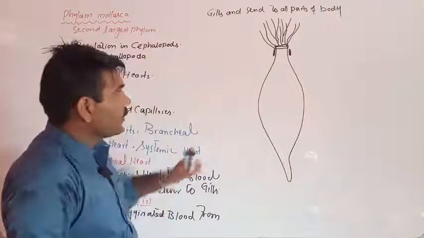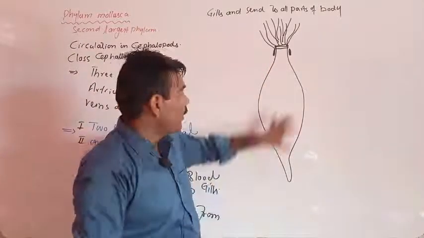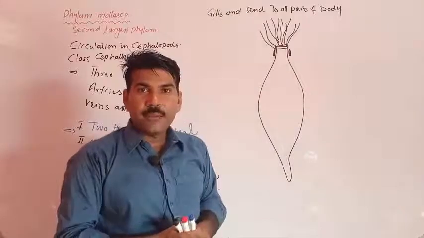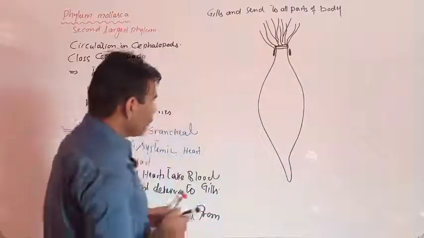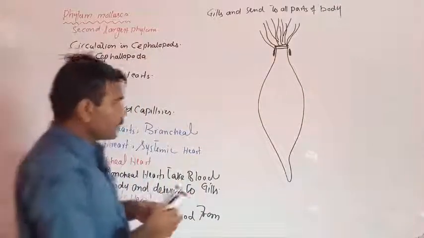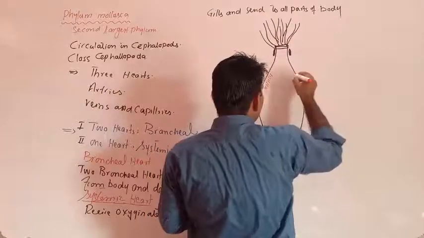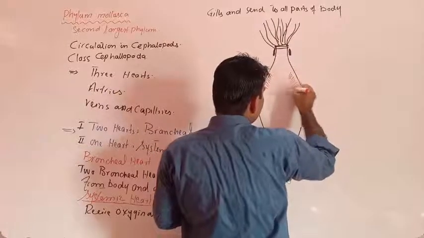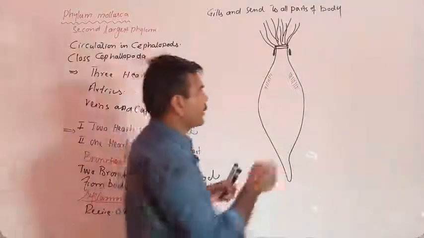These tentacles help in feeding as well as copulation behavior, attachment, and the capturing of prey. Regarding the circulatory system, these structures are known as gills, and we know that these gills are used for gaseous exchange.